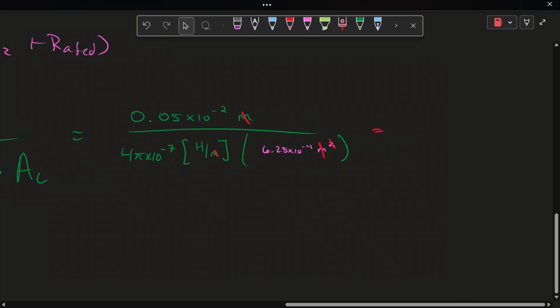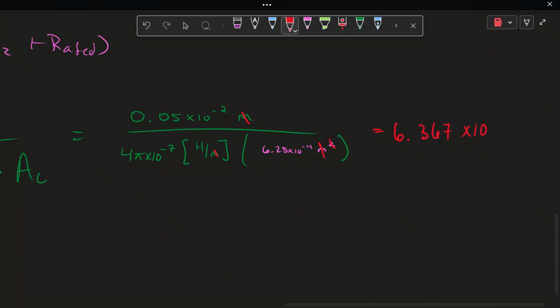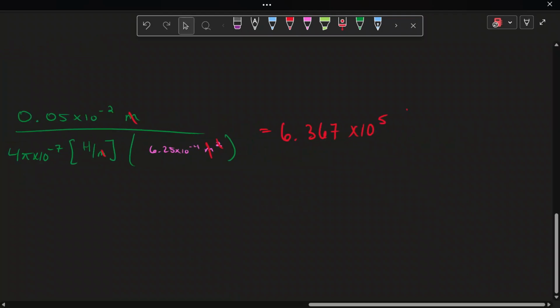And now we can plug this into our calculator, check ourselves. Okay, so I get about 6, oh, that's not a 6, 6.367 times 10 to the 5th.